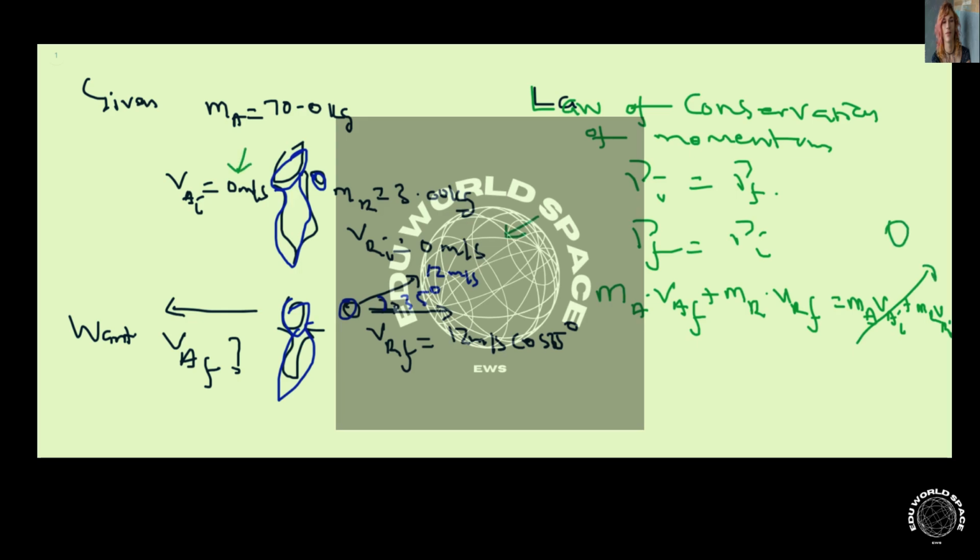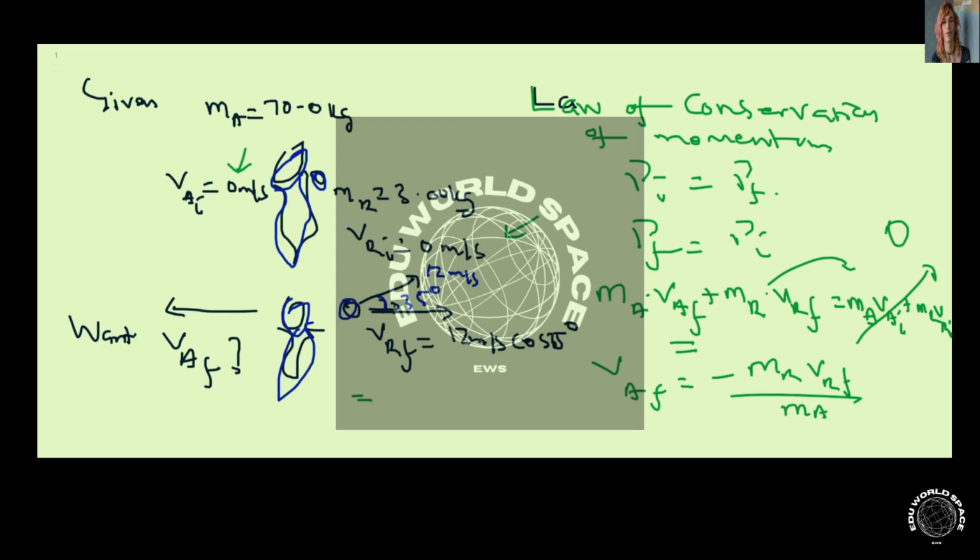And so if we want to get your final velocity, VA final becomes equivalent to, this one goes to the other side, and it becomes negative mass of rock times the velocity of the rock, and all of that has to be over MA, which is your mass.